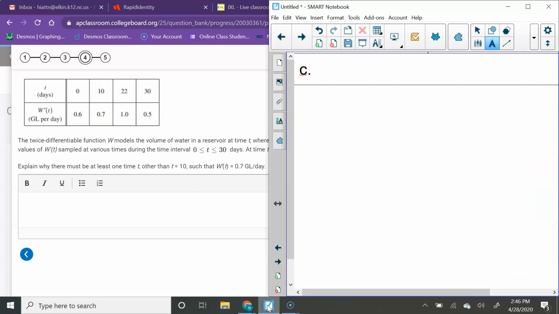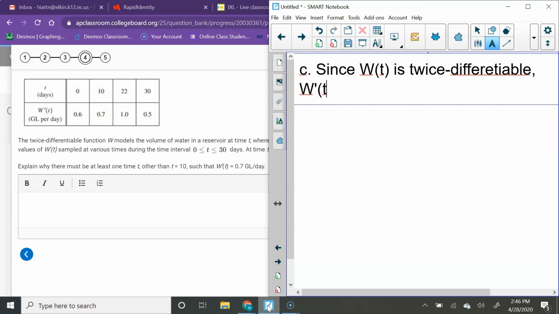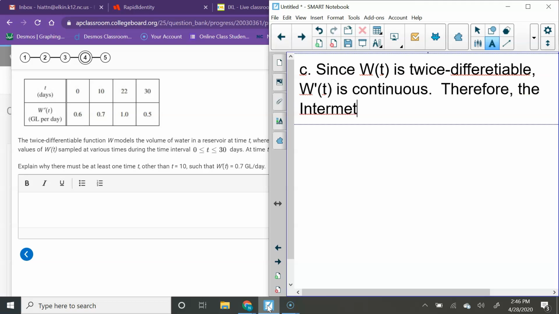So we can say, since w of t is twice differentiable, w prime of t is continuous, therefore the intermediate value theorem applies.